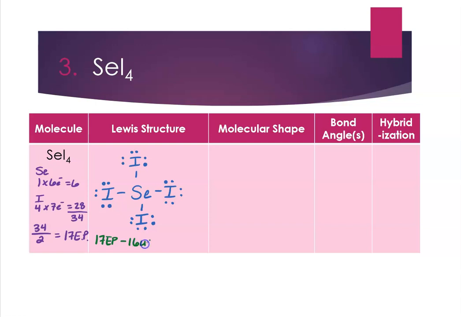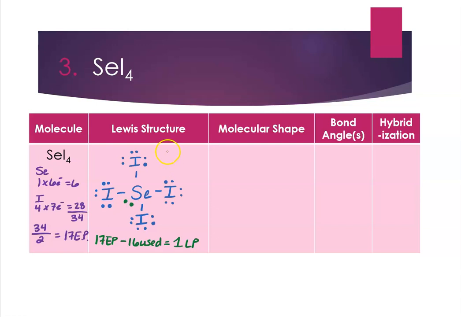So I've used a total of 16, which means that I have 1 left for a lone pair, and then I just put that lone pair somewhere on the central atom. I can put them wherever I want to as long as I put them together. I can't do this because they're supposed to be a pair, so they need to travel as a pair.